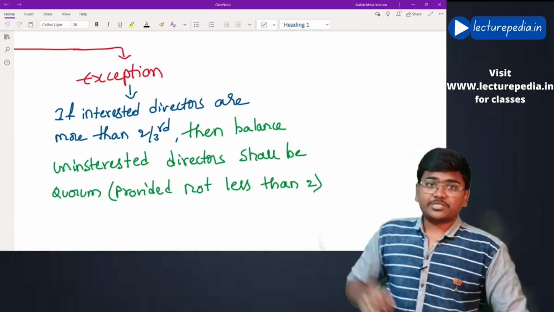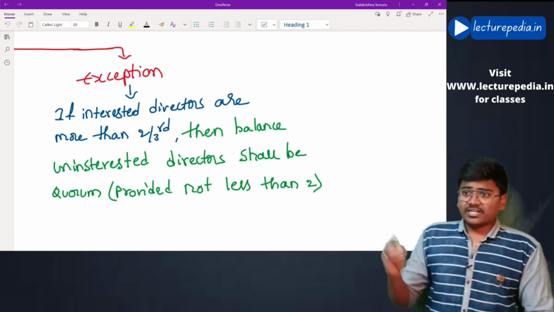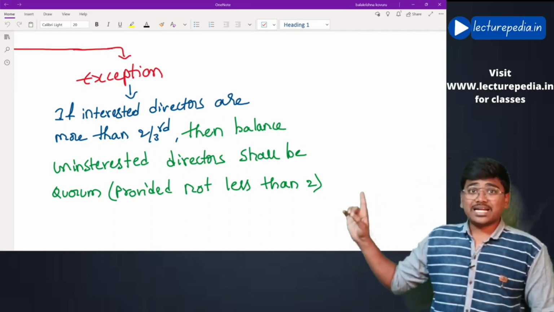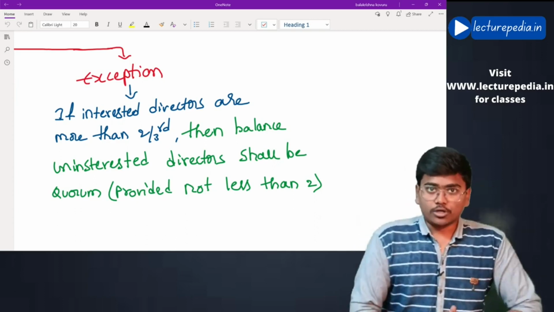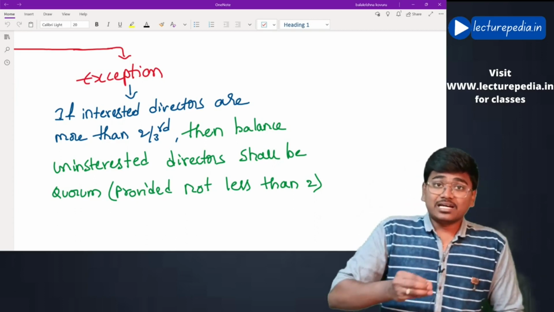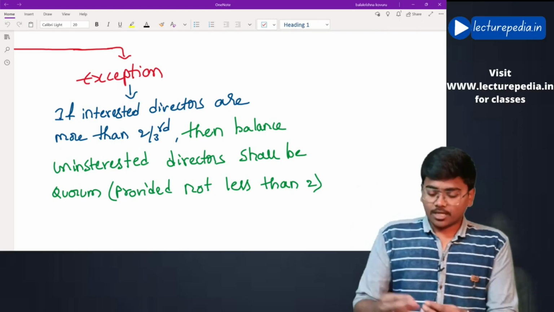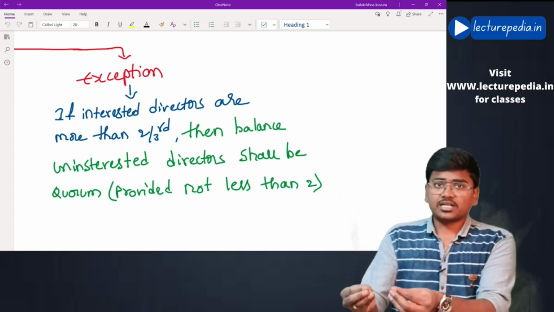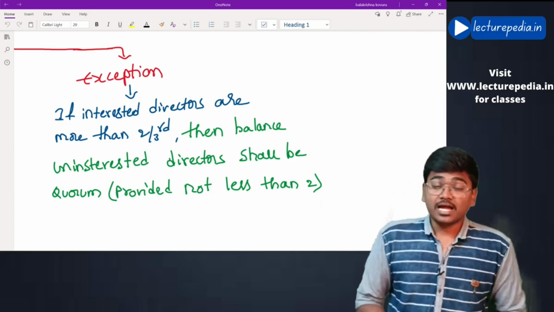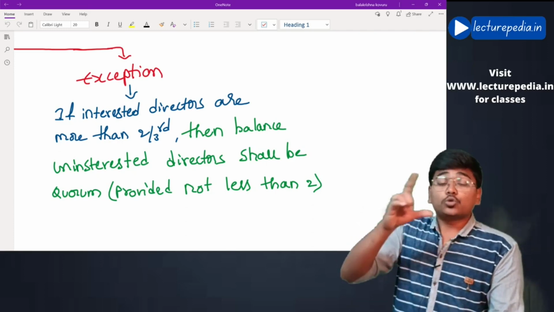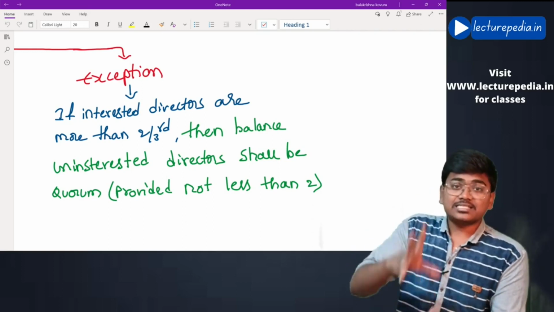And exception. See, if interested directors are more than 2/3, that means generally the quorum is 1/3. If interested directors are there, a particular contract or particular resolution has come to the board meeting for approval, and more than 2/3 of the directors are interested in such resolution.